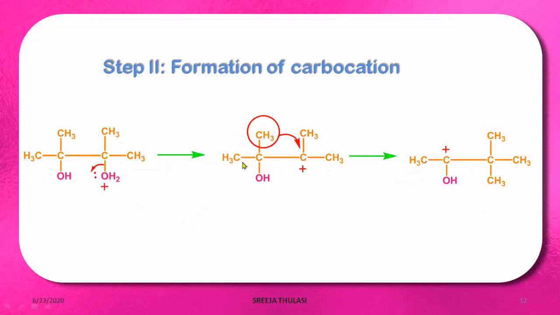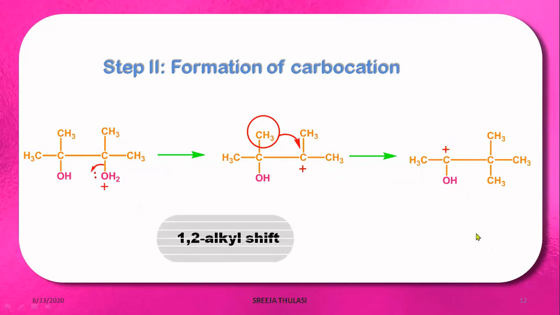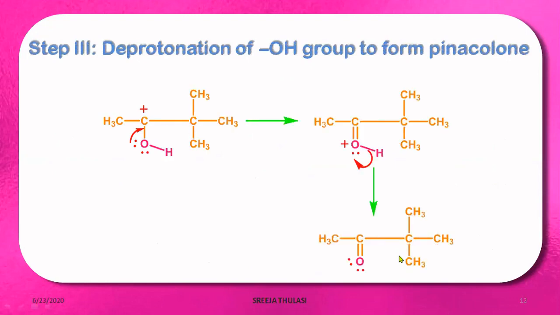That is, CH3- migrates from this carbon to this carbon, and we will get a second carbocation with a positive charge on this carbon. This step is called a 1,2-alkyl shift. Now, the third step is the deprotonation.